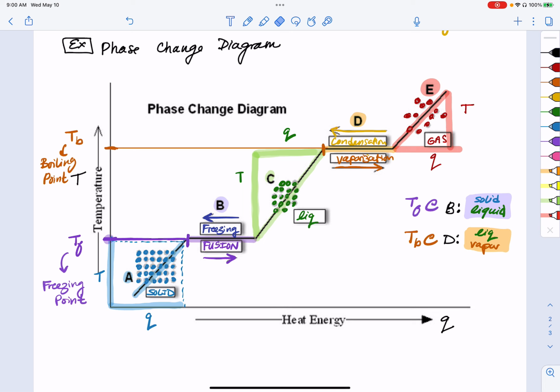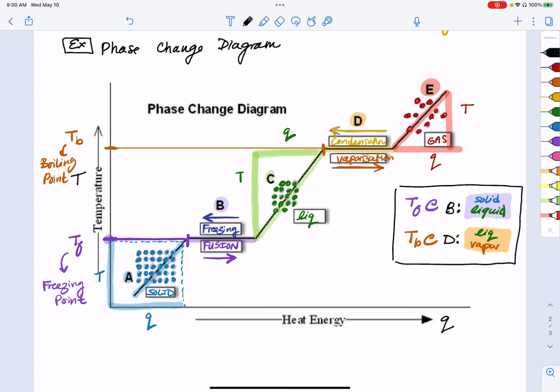Okay, so the important parts of this diagram, what you really need to understand about what's going on here, is that the freezing points, the melting points, the boiling points, etc., are all temperatures at which there is just enough heat to start the first molecule changing phase.